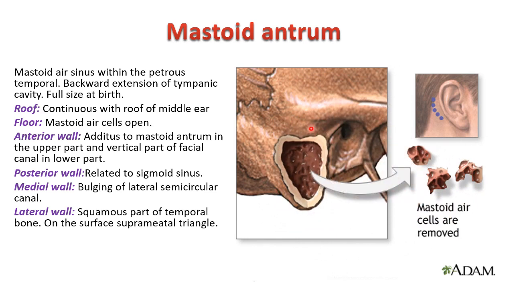The boundaries of the suprameatal triangle are mainly formed by the suprameatal crest, which corresponds with the middle cranial fossa, and anteriorly the posterior superior part of the external auditory meatus, and then you draw a vertical tangent connecting the suprameatal crest and the posterior superior wall of the external auditory meatus. That will form your suprameatal triangle.